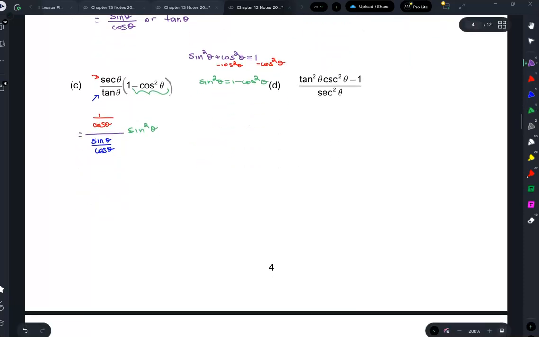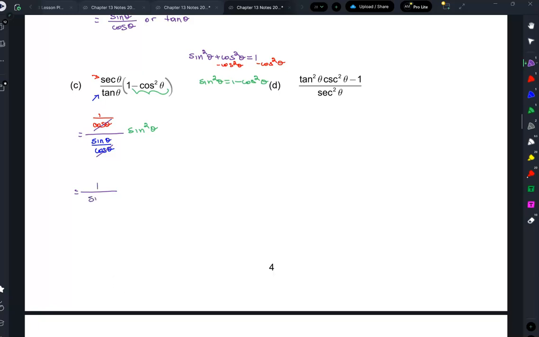Okay, now go slow. We're not going to do everything at the same time. Let's look at the fraction here. This is one complex fraction, right? But I can simplify the cosine with the cosine. So now in that purple fraction, what do I have left in my numerator? 1.